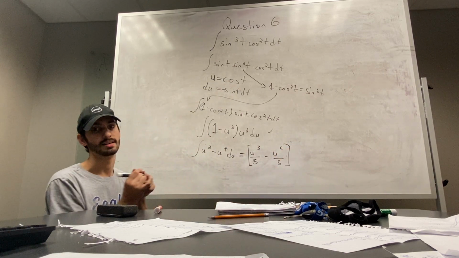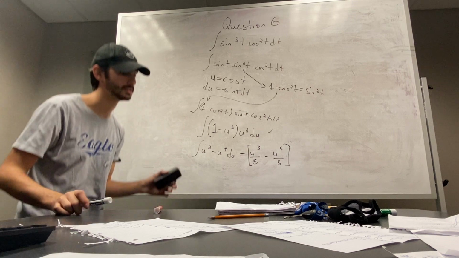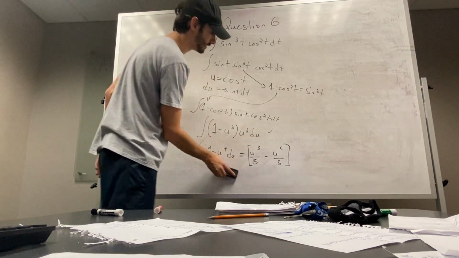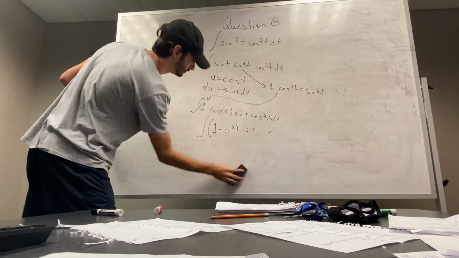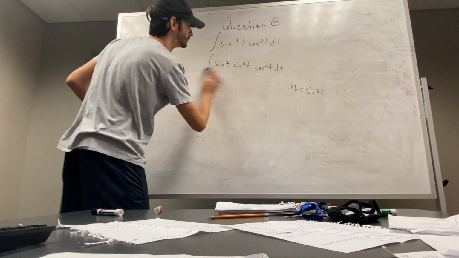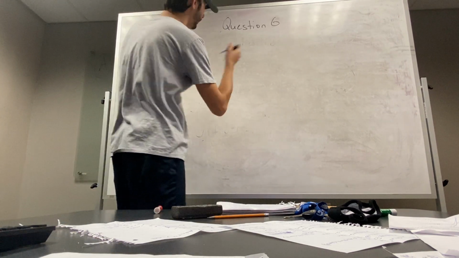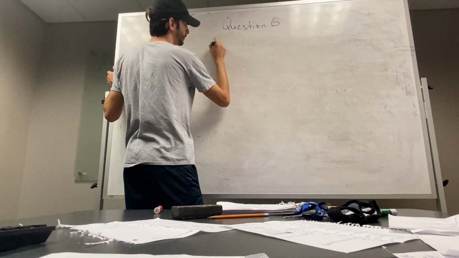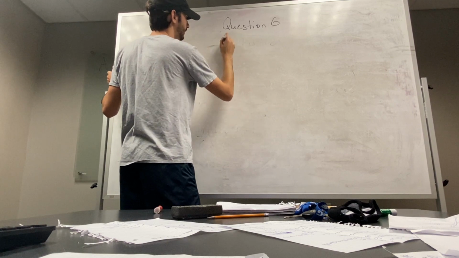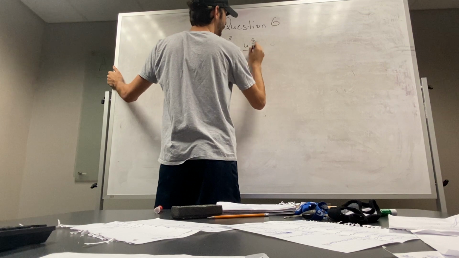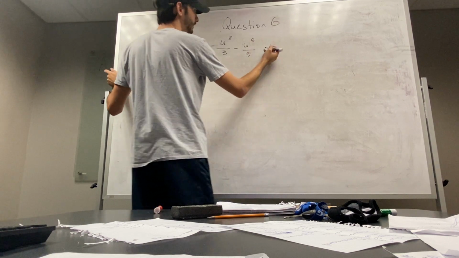The problem is that we're not done. We have two layers of substitution that we need to undo. So we are going to bring this back up to the top. So we have u cubed over 3 minus u to the power of 5 over 5.